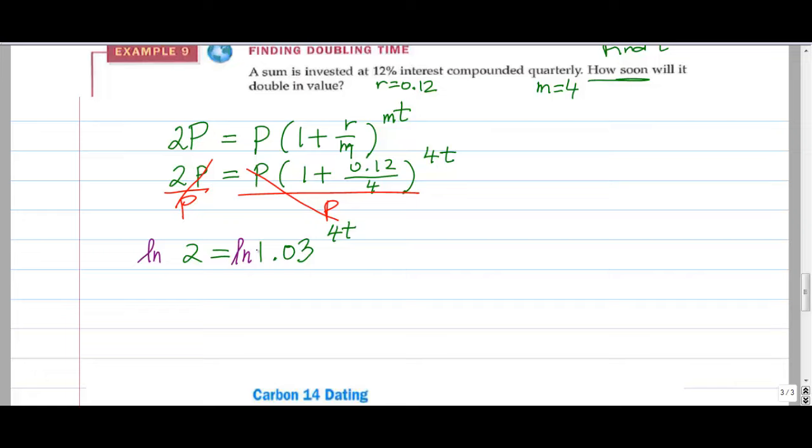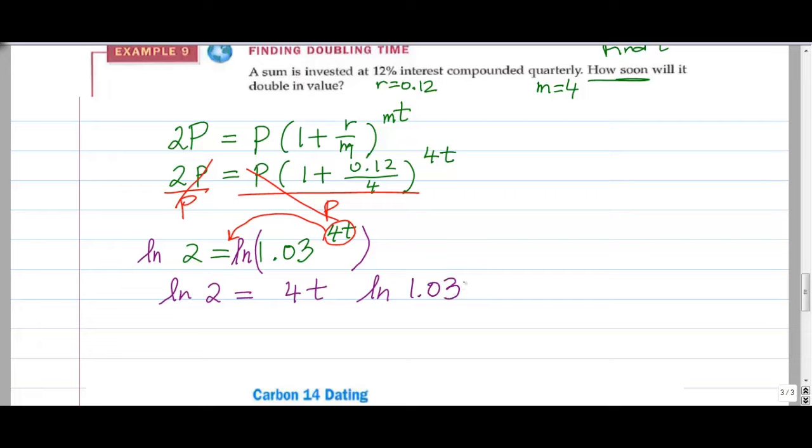Something I recommend you guys do too. ln of 2 is equal to ln of 1.03 to the 4t. Okay, now I can use my properties of logs, because I know now when I take the ln, this part will come out front. Okay, so then I have ln 2 equals 4t times ln 1.03.